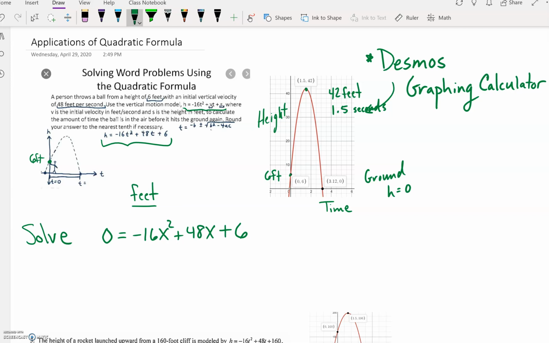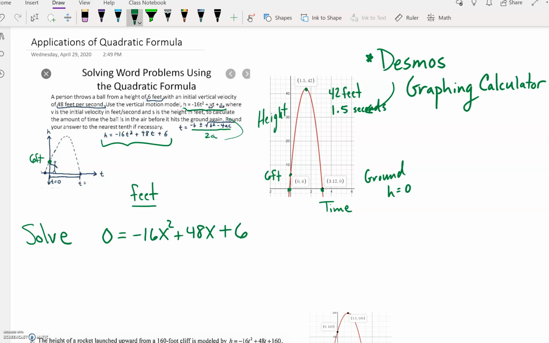You can see right up here, it's started: negative b plus or minus the square root of b squared minus 4ac, all divided by 2a. Okay, so you can use the quadratic formula to solve for these places right here and here where your graph is crossing the x-axis. We have done this graphically.